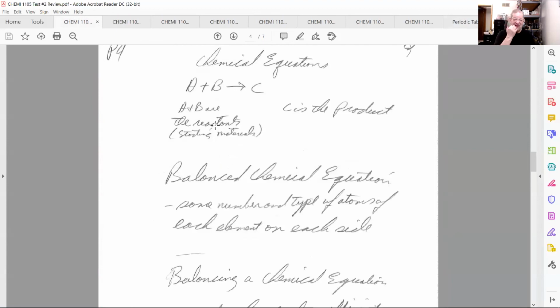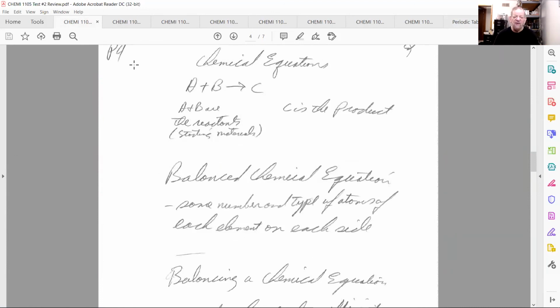Next, I talked about chemical equations. A chemical equation is a way in graphic form to show a chemical reaction. At the tail, A and B are the reactants, which I sometimes will mention in class, but not on a test, starting materials. At the head of the arrow is C, which is the product. Reactants, base of the arrow; head of the arrow, products.